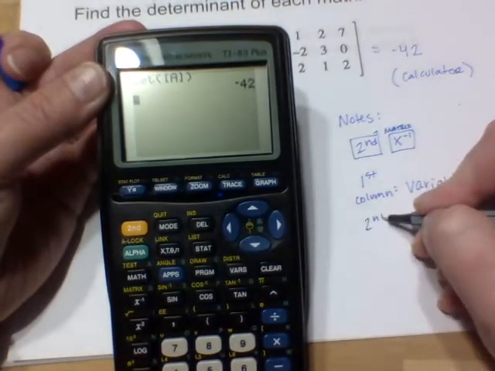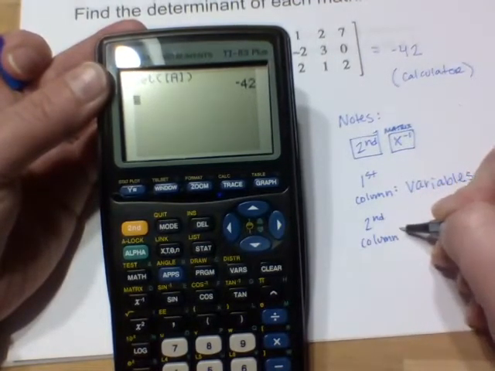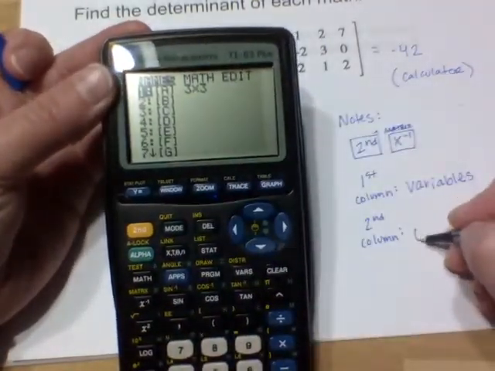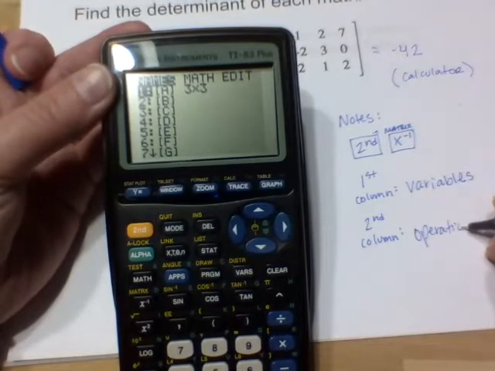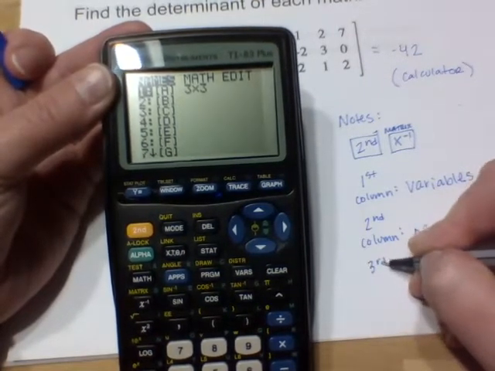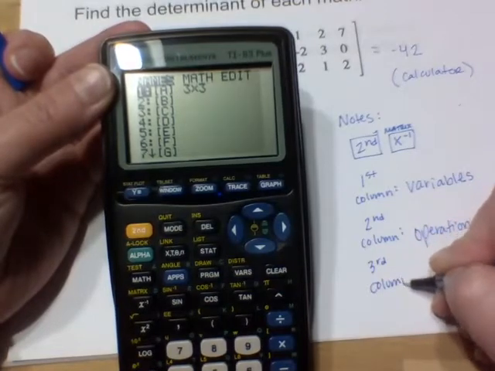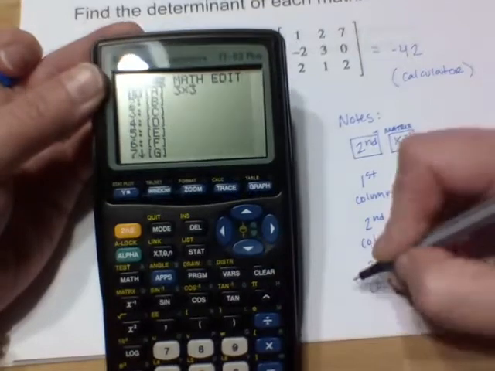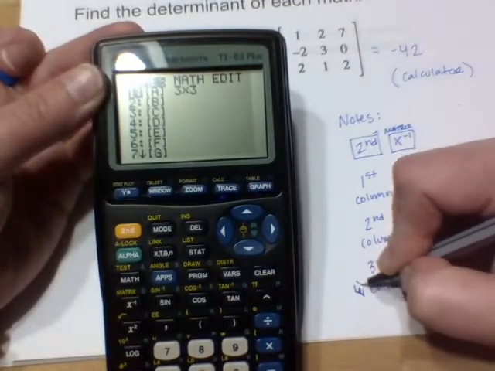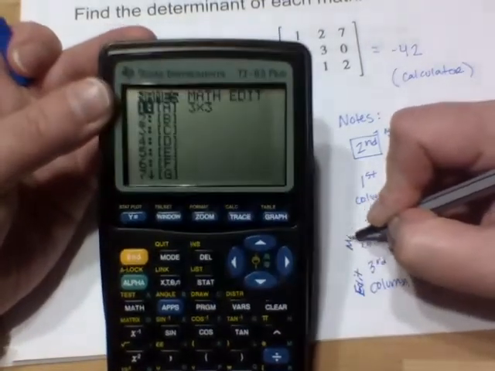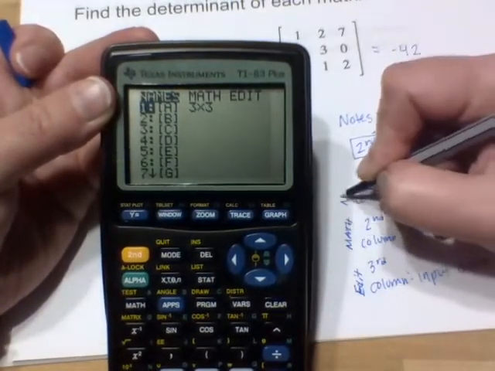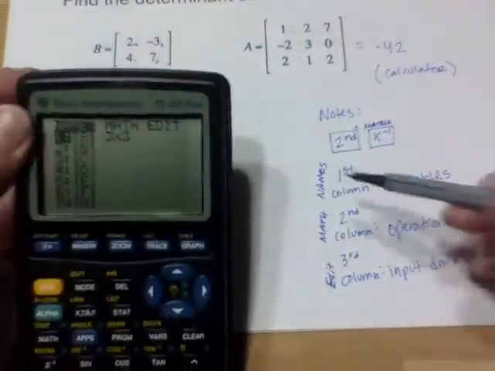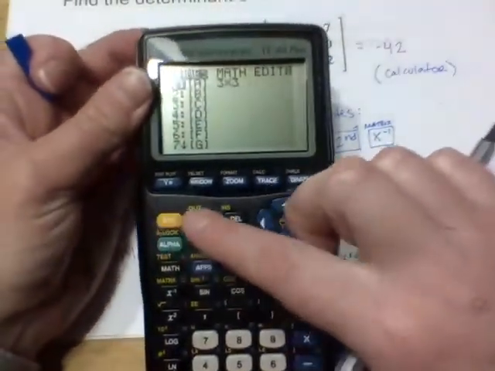The second column, and of course that's why it's called this, is your math or your operations. And then that third column is where you input your data. So again, this one is the names, this one is the math, and this one is the edit. All right, so that's how you get there for those.